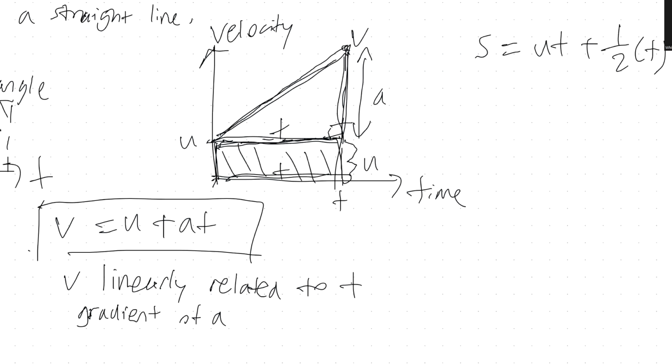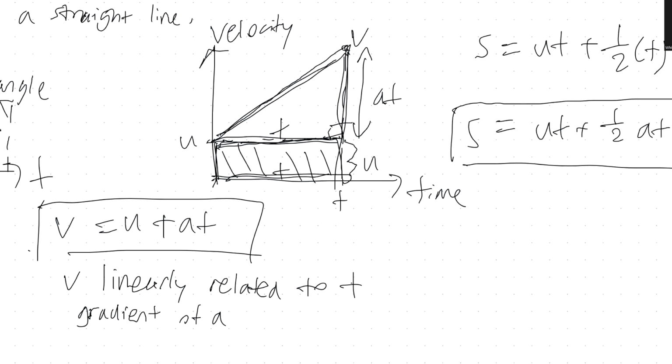And so we multiply this by at, and our final area, or your final displacement, is actually ut plus half at squared. And so therefore, our equation is that our displacement will be your initial velocity times time plus half of your acceleration times time squared.